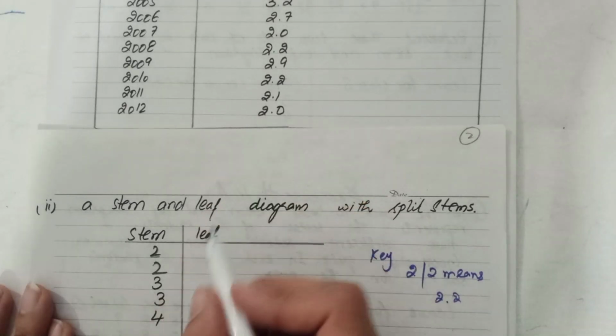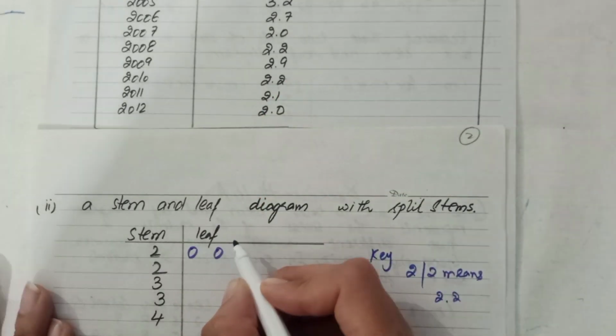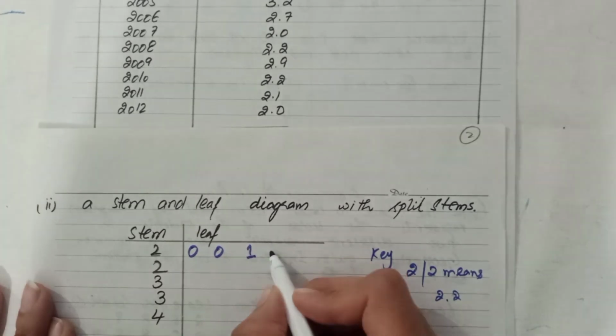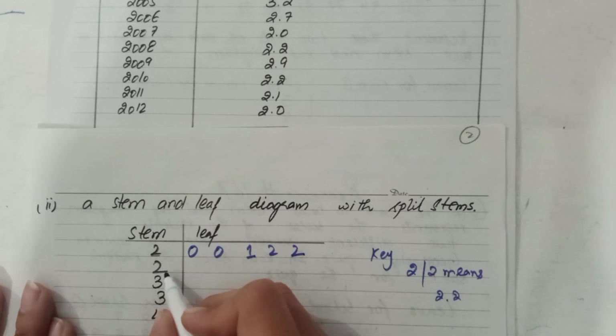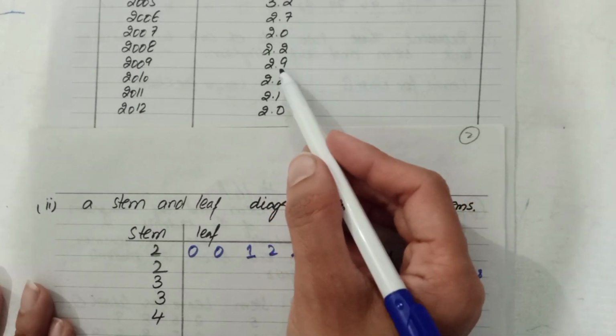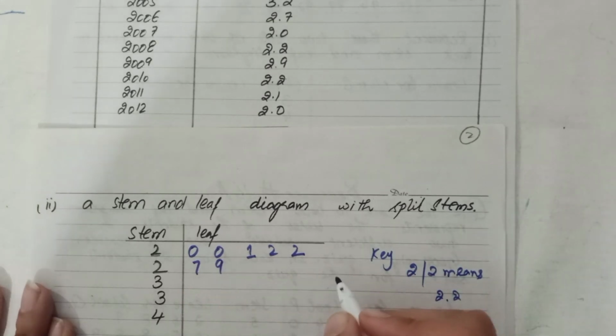Here 2.0 is 2 times, and then 2.1 is one time, and 2.2 is two times. Yes, this stem is from 5 to 9, and there is only one 2.7 and 2.9, 7 and 9.